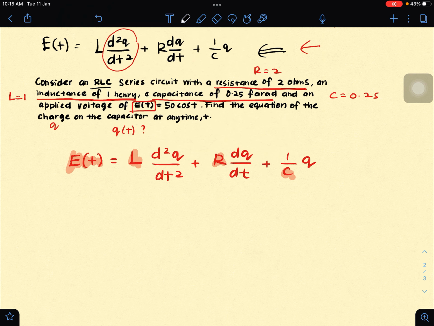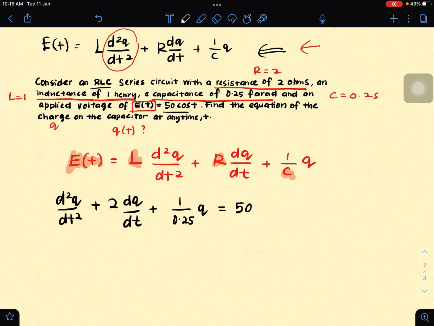What you will get is L equal to 1, so you only have 1 multiplied by d square q dt square, plus R, which is 2, dq over dt, plus C equal to 0.25, so 1 over 0.25, Q, equal to E(t). So your E(t) is 50 cos t.